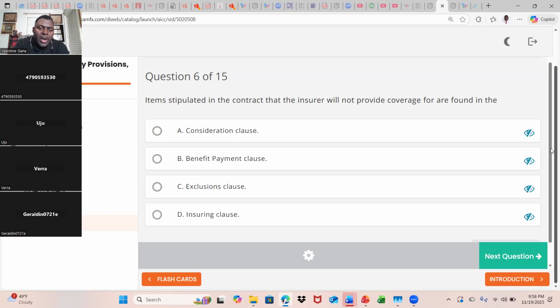No. All right. So we are left now with exclusions clause and insuring clause. Which of those seem to be a clause that would describe items that the insurer will not provide coverage for? Exclusion clause. All right. So let's select that and see if it's right.